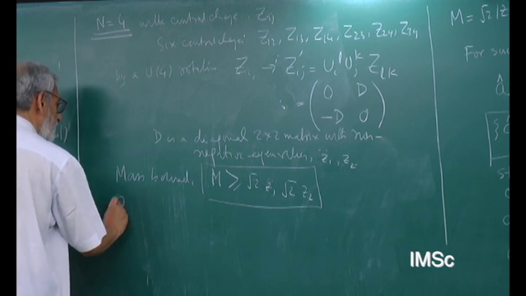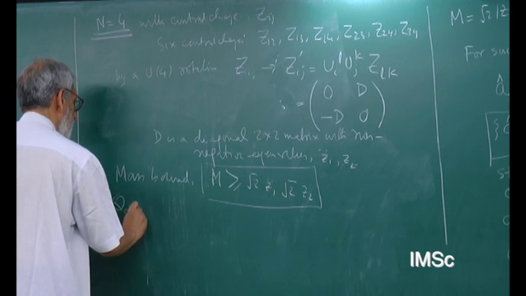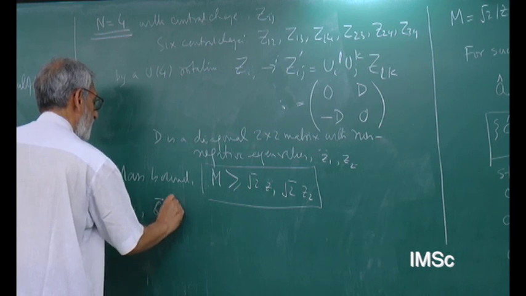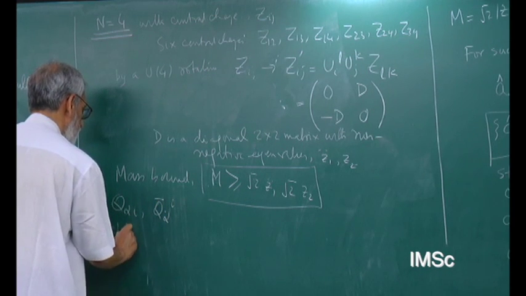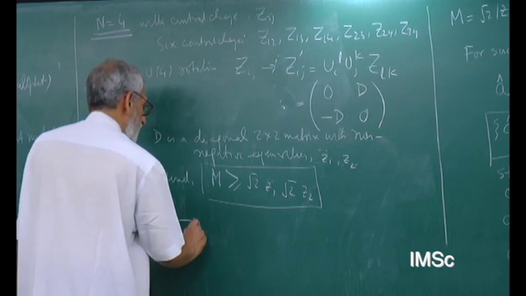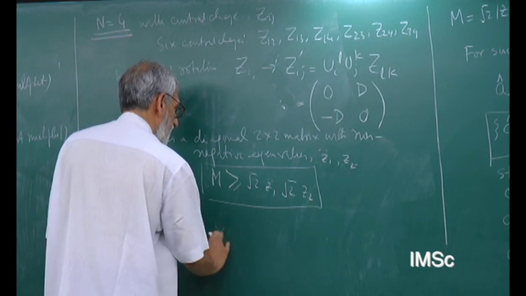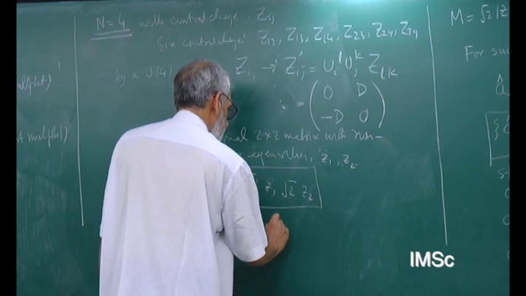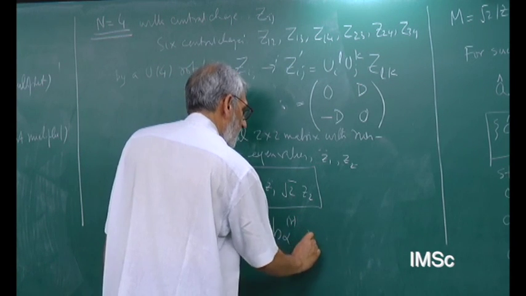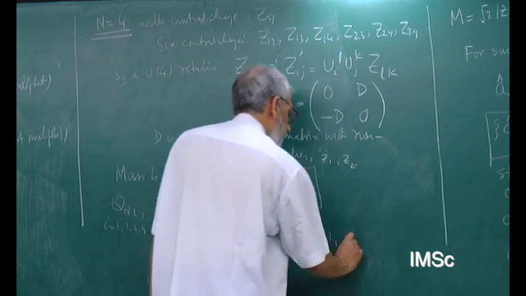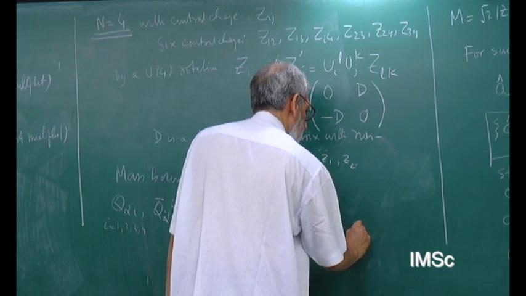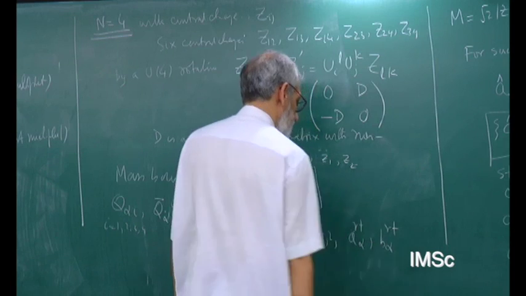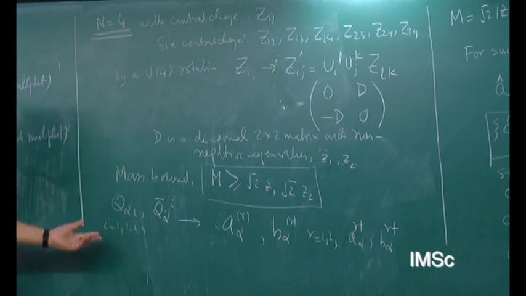And like I said, let me write it again: Q_alpha^i and Q bar_alpha dot i, with i equal to 1, 2, 3, 4. You take a linear combination and construct A_alpha R and B_alpha R, with R equal to 1 and 2, and A_alpha R dagger, B_alpha R dagger, the linear combinations of Q's.